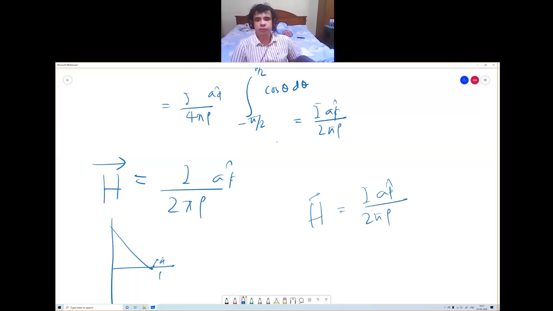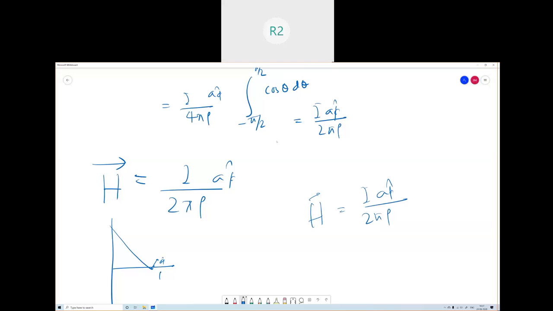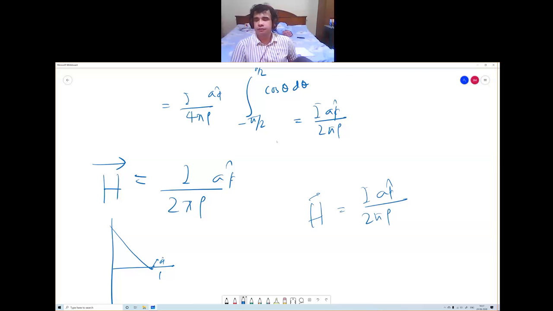Now can you tell me what is the unit of H? What is the unit of I? Amperes. What is the unit of A phi? No unit. What is the unit of 2 pi?